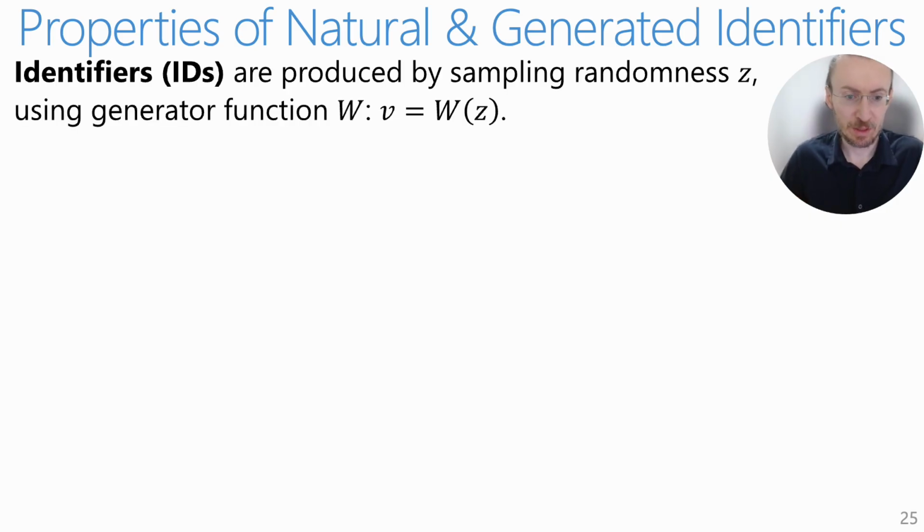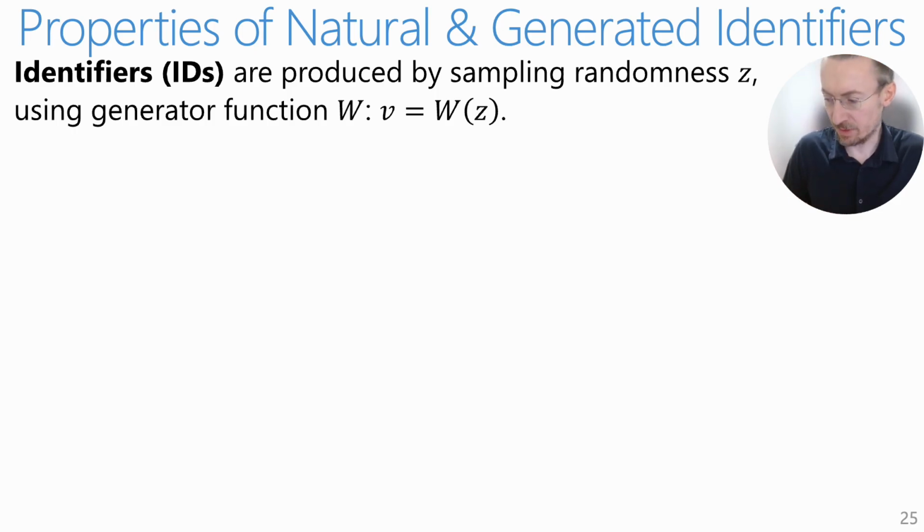Now let's consider what are the properties of natural and also generated identifiers. Identifiers, in short IDs, are produced by first sampling randomness, which we call Z, using a generator function W. So we have this value V being W of Z. We use the generator function W with some randomness to generate this value V. You can think about W, the generator function, for example, as the generator for SSH keys, and Z is some randomness that we just take.